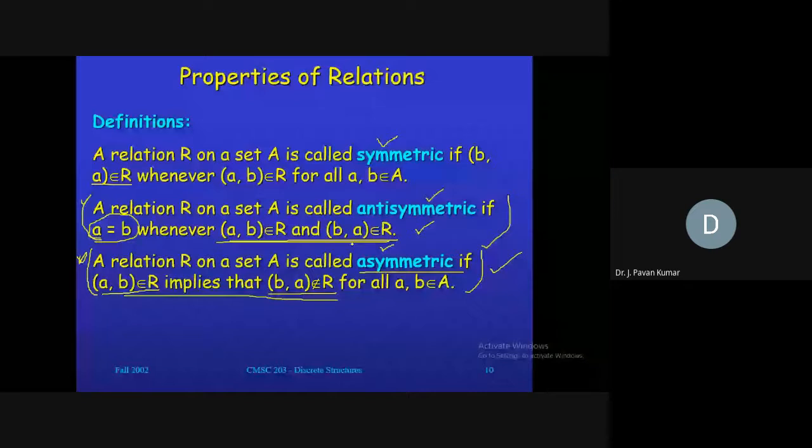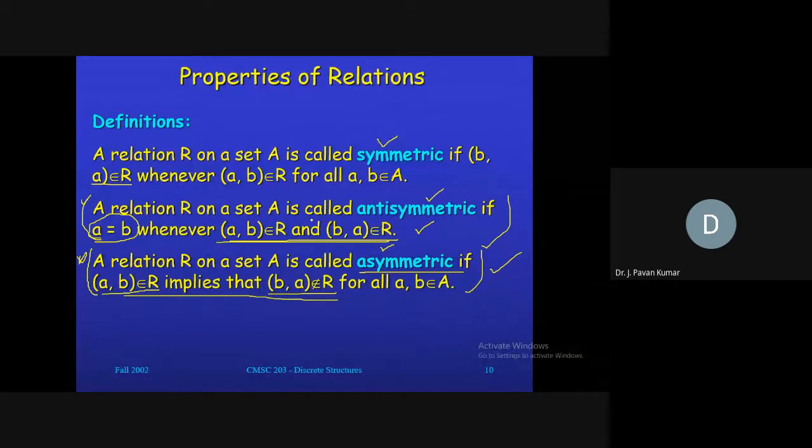Understand my point? Suppose (1, 2) belongs to R, and (2, 1) is also part of R. Can we consider it antisymmetric? No. Why? Because 1 is not equal to 2. Suppose (1, 1) is there. That means whatever symmetric pairs we have should not be part of the same relation. That we can consider as antisymmetric.